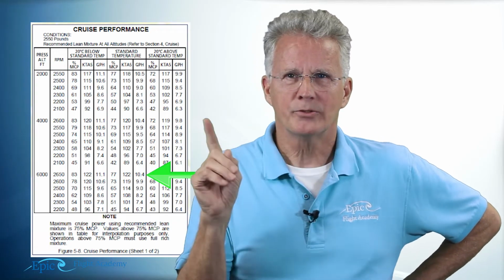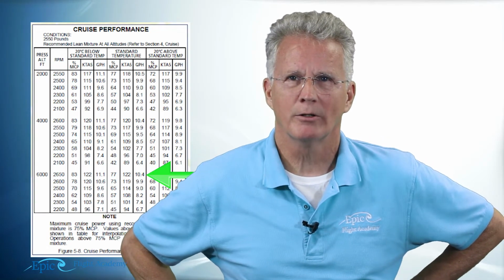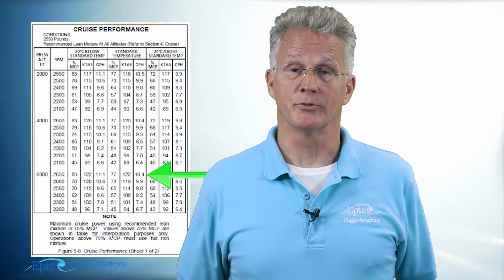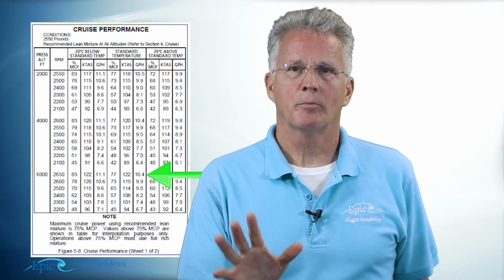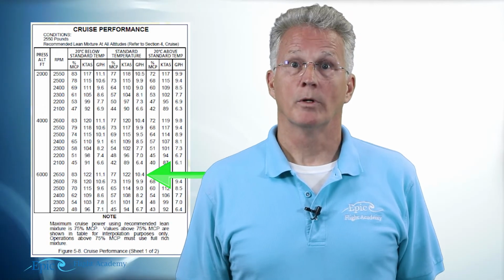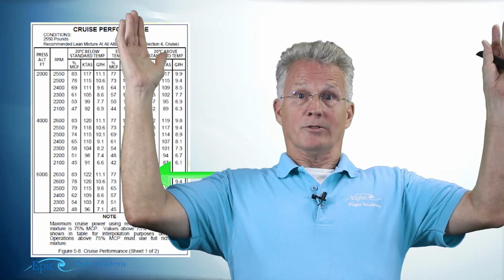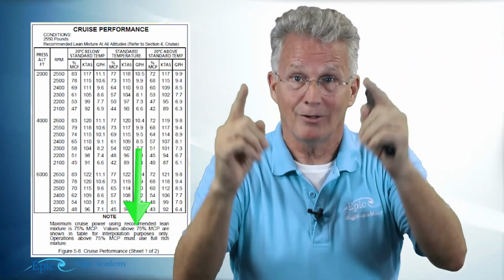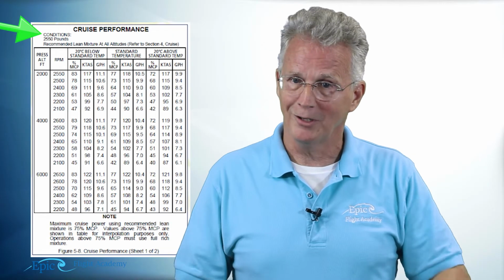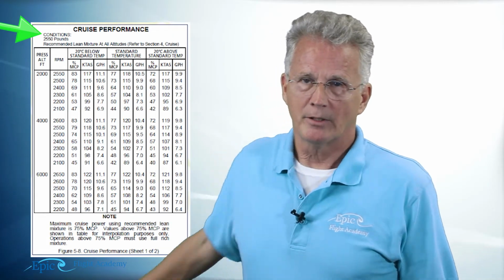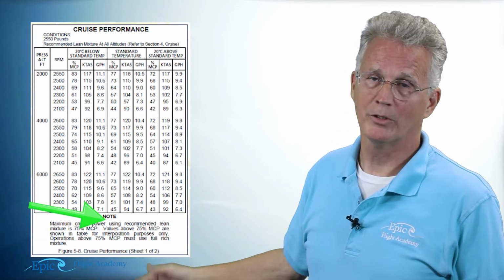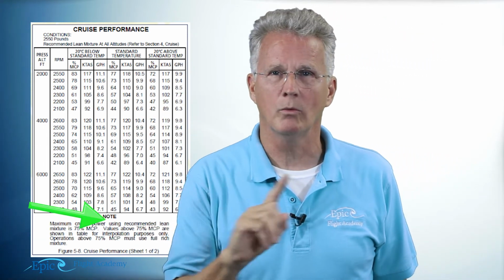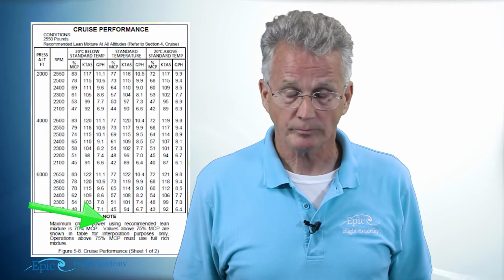I wonder, does it tell me that anywhere in this chart? Of course it does. Don't forget, when we are looking at performance charts, what do we always look at? Notes and conditions. You got it. And up at the top of the chart, you see the conditions, and down at the bottom of the chart, you see the notes. We always look at notes and conditions.